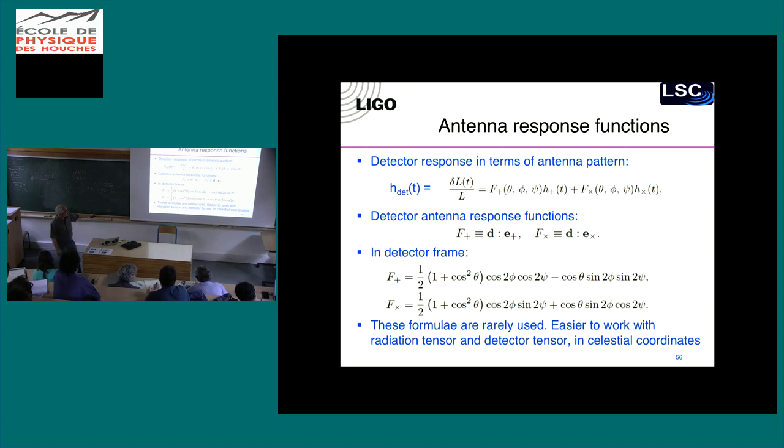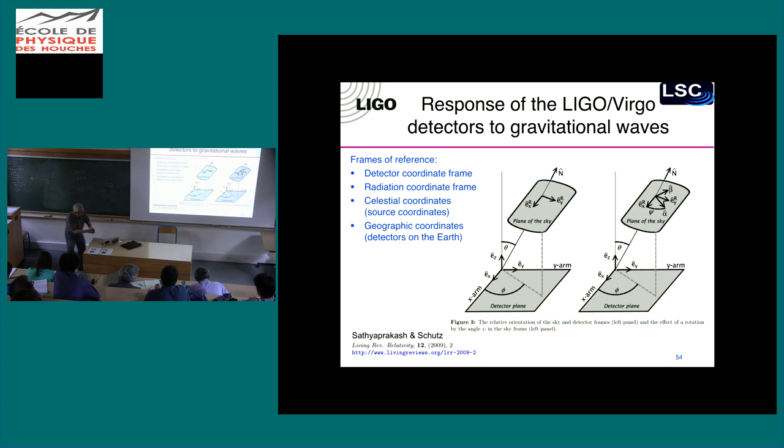And they are these contractions of the detector tensor with the radiation tensor, the wave tensor, basis vectors. Okay? And here they are, nice simple forms, in the coordinate system of the detector, described by theta, phi, psi.